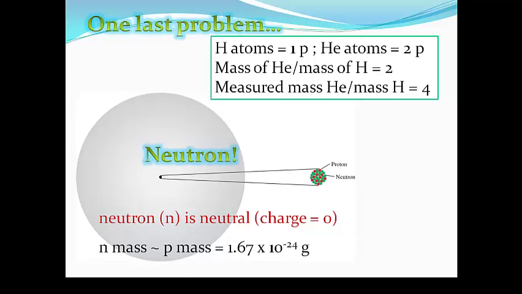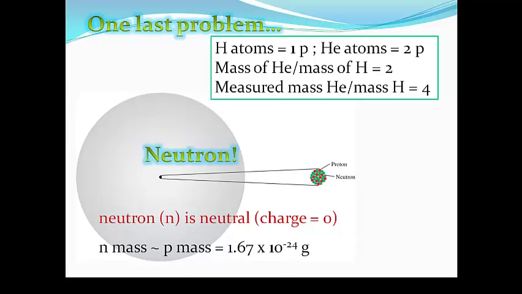And that's why when you measure the mass of hydrogen and then you measure the mass of helium, helium has 2 neutrons in its nucleus, making the mass ratio 4 to 1. So the mystery of the mass ratio can now be explained. In the helium nucleus, there are 2 protons and 2 neutrons, but in the hydrogen nucleus, there's only 1 proton and no neutrons, and therefore that's why the ratio is 4 to 1.